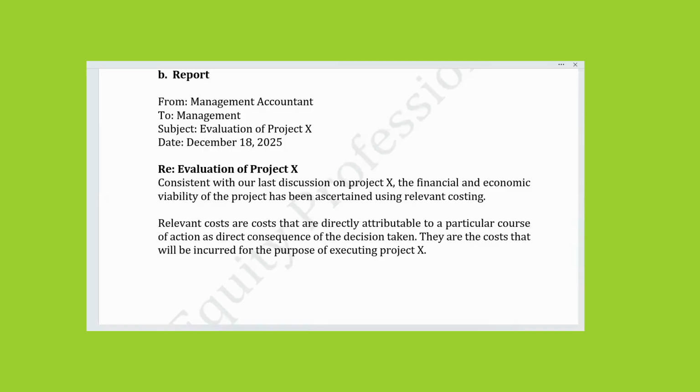Then you advise that the company should accept the project at 300,000 naira, which will enable the company to make additional profit of 120,000 naira. And that's bearing in mind that our competitor is willing to accept the offering price.